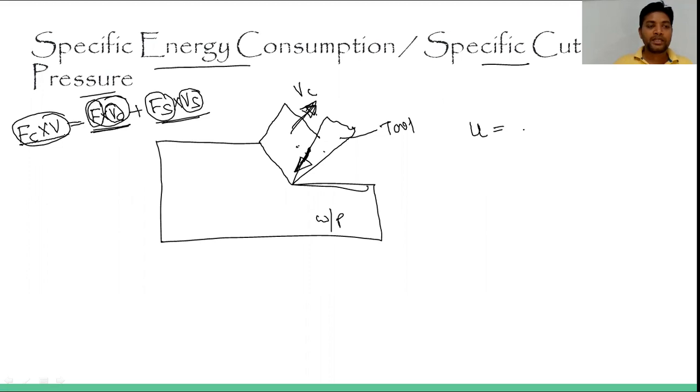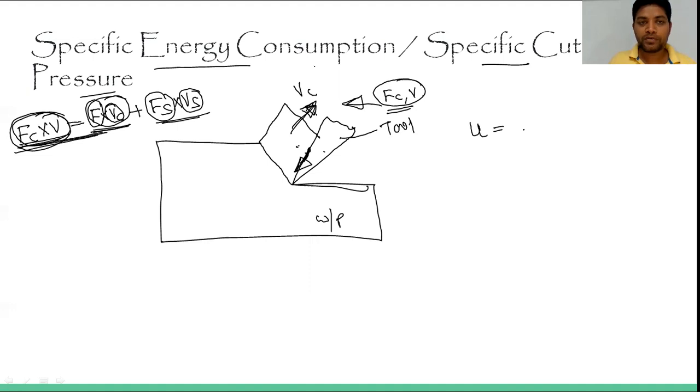And the total energy is the main cutting force Fc, which we are applying to the tool in this direction, with the cutting velocity V with which the tool is moving. So this is basically the total energy, Fc into V.